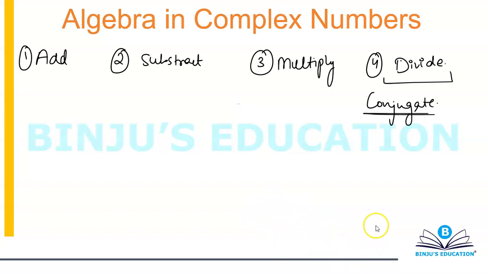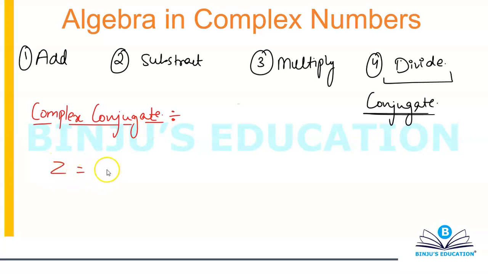Okay. Now, before you understand division, you need to understand what is the complex conjugate of a complex number. What is a complex conjugate? Let's try and understand this. It's pretty simple. Let's suppose you have a complex number z, which is a plus iota b. You can also write it as b iota or iota b.